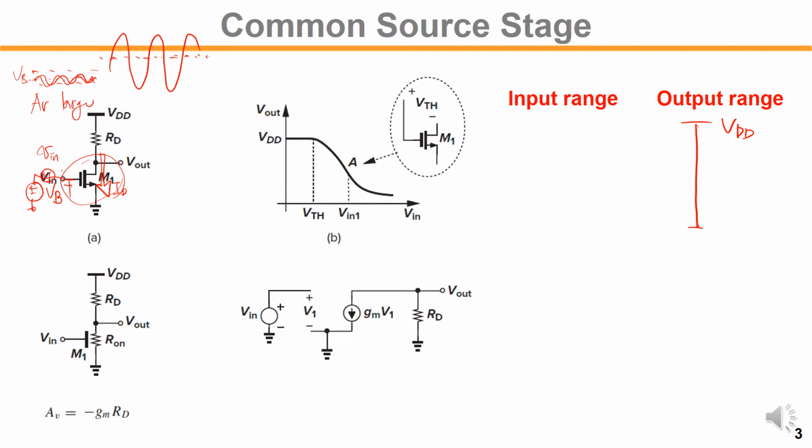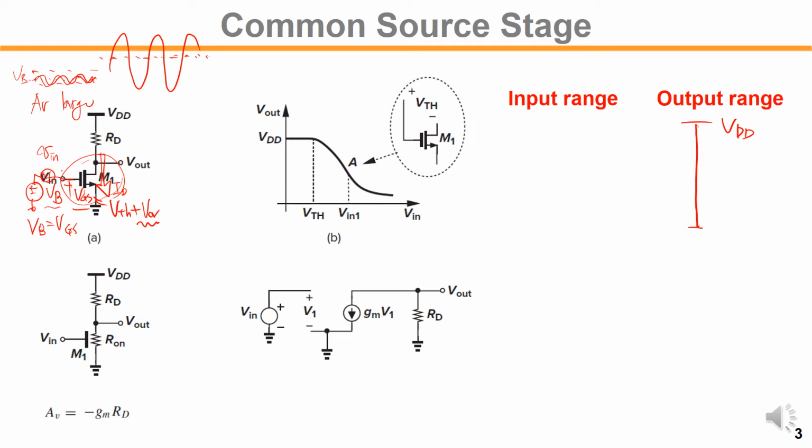VGS is equal to VTH plus the overdrive voltage, and VGS is equal to VB in this case.